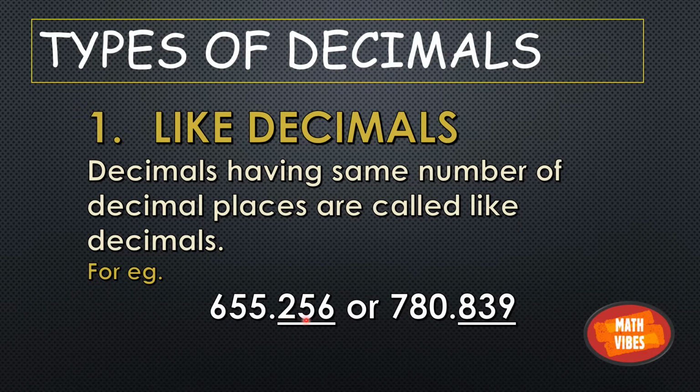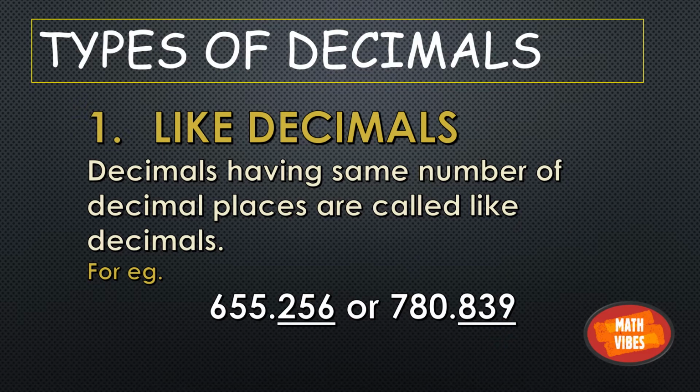See, here we have 1, 2, 3, three decimal places, and here also in this 780.839 we have three decimal places. Both the decimal numbers have three decimal places, right? So we will say that yes, they are like decimals.